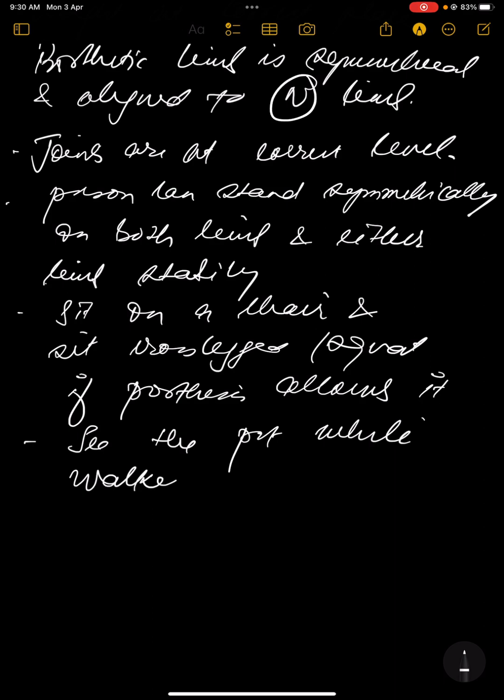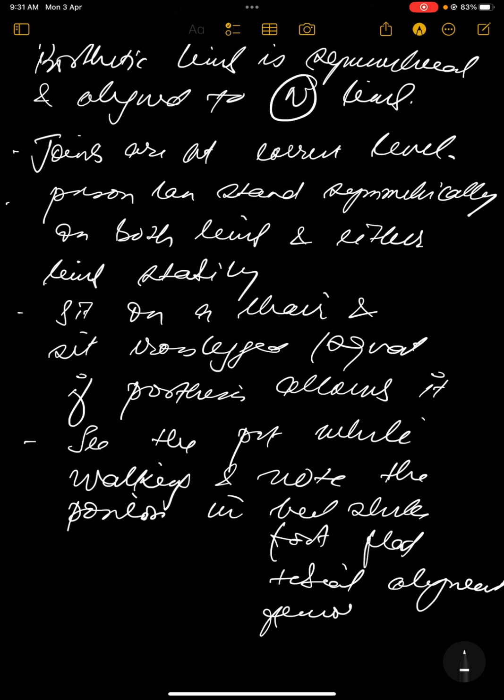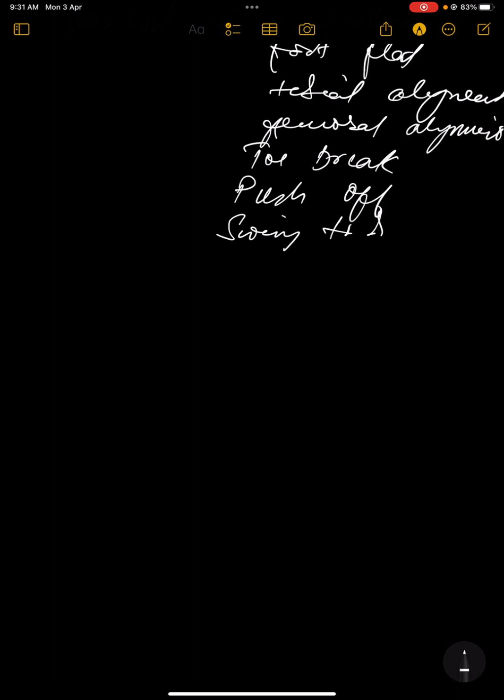Carefully note the position in heel strike, foot flat, tibial alignment, femoral alignment, toe break push off, swing to, swing through, deacceleration.